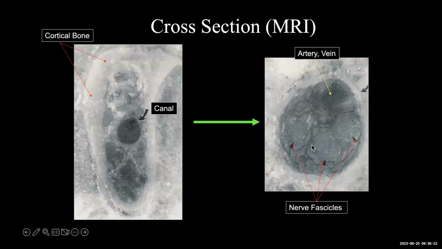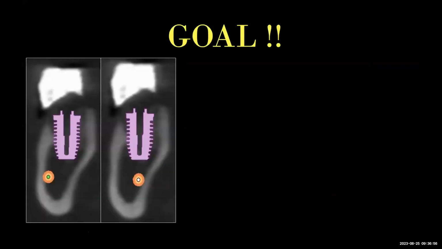And there used to be a technique, this is back in the 1980s, where you drill until you get into the superior aspect of the inferior alveolar canal. And once you get bleeding, you stop. You stop short of the nerve fascicles, which just made no sense at all. And I'm glad that came and went, and very few people did that because it usually ended up with nerve difficulties and or nerve sensory impairments.